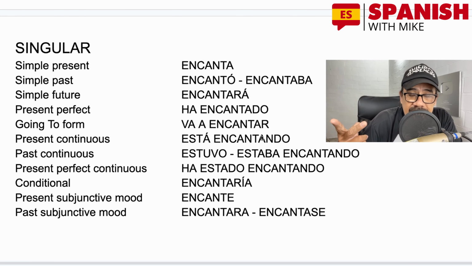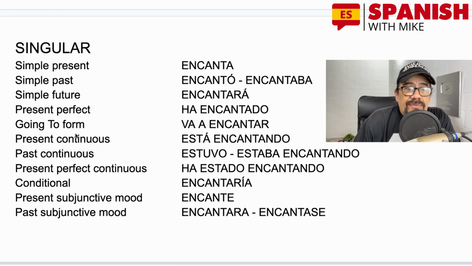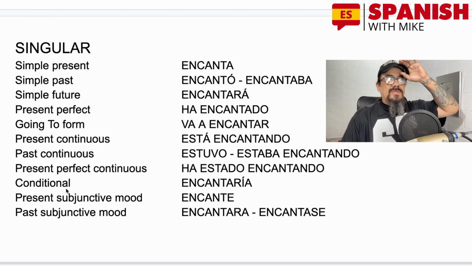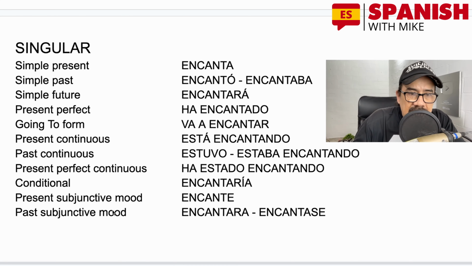We have two different ways of conjugating the past. The present perfect, the going to form, the present continuous, the past continuous, the present perfect continuous, the conditional form, and the moods, the subjunctive moods, both past and present. And this is fairly it when it comes to the conjugation of the verbs. So this would be for the singular form.